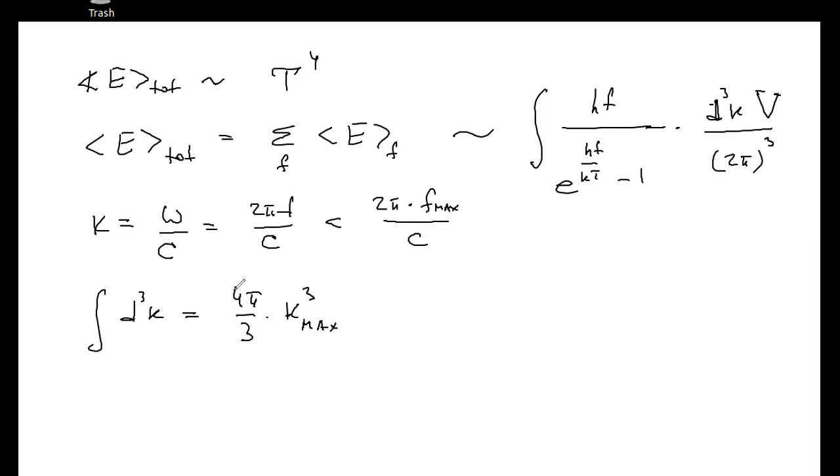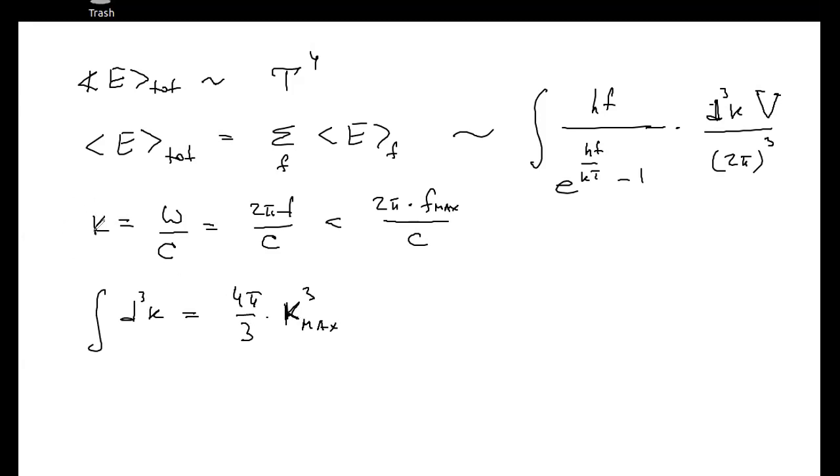It's basically a sphere, the volume of a sphere of this radius. Can you recognize it? Yes. 4 pi r cube over 3. But because my integration is in wave vector space, I have to put a maximum k.